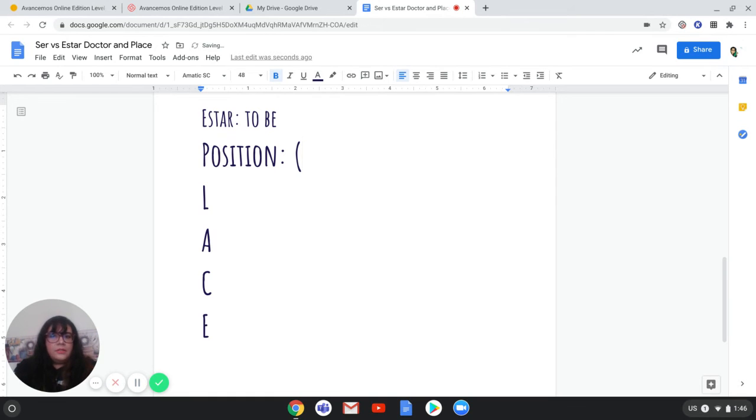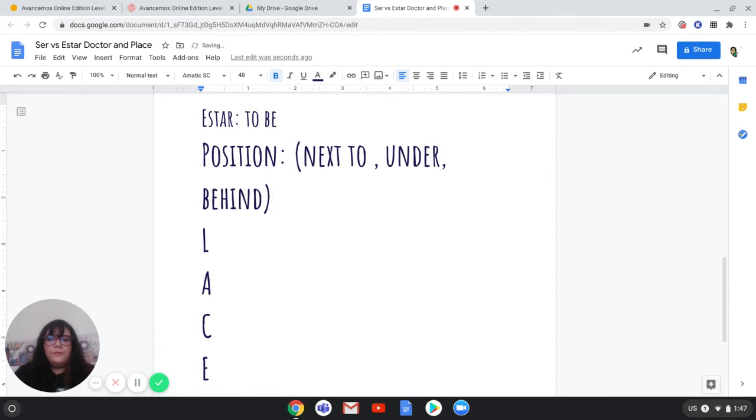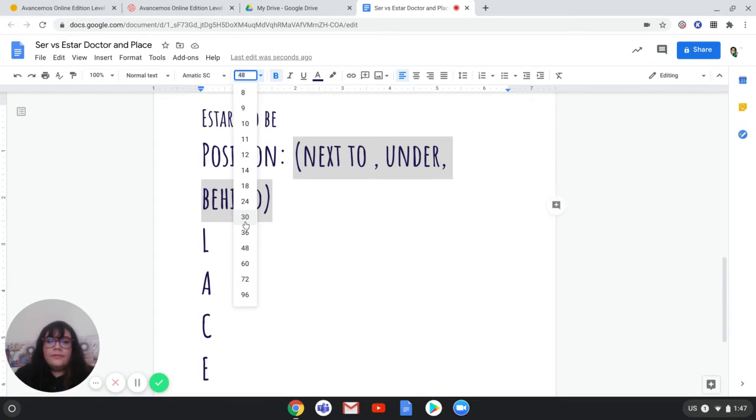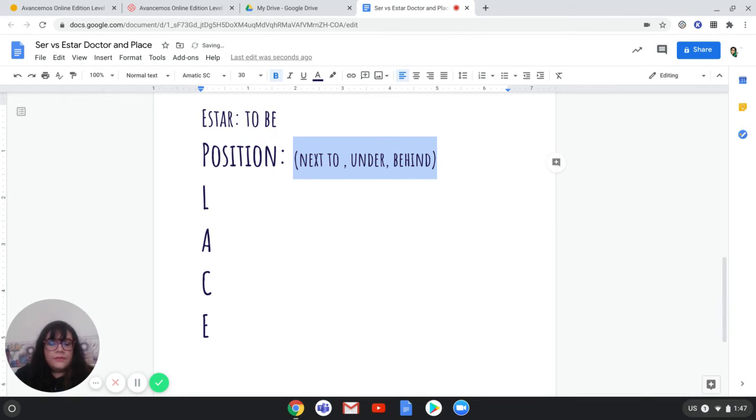Examples, I'm not going to do them in Spanish because I'm hoping you guys remember: next to, under, behind, etc. Right? You have quite a few. So if it's a position of something, as in it's next to something, it's far away, it's under, whatever it might be, then you're looking at a position of it. The second one is what you were probably thinking the P was: a location, capital L. There you go.